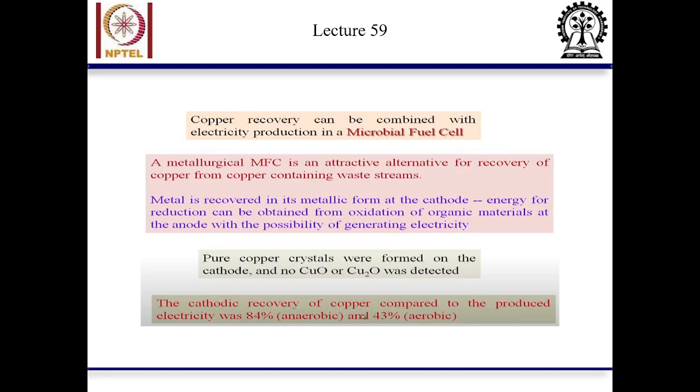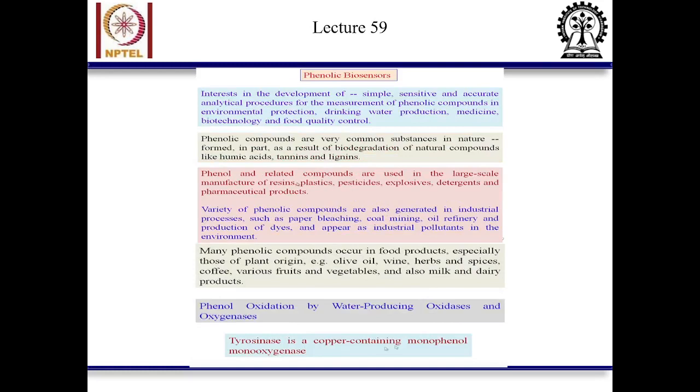One of the important applications is copper recovery. You can go ahead and see that, and there are the phenolic biosensors. What are the possible applications? Why is the phenolic biosensor very important?